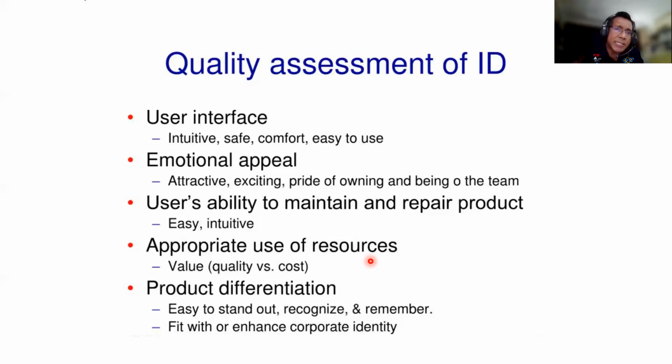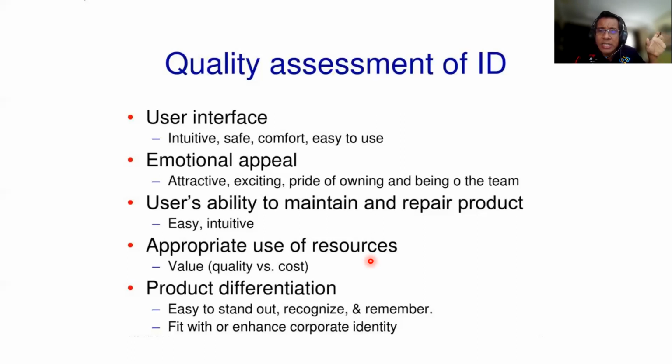And then number 5 is product differentiation. Product differentiation rating is about being unique, and very consistent with the corporate identity, which we just discussed.